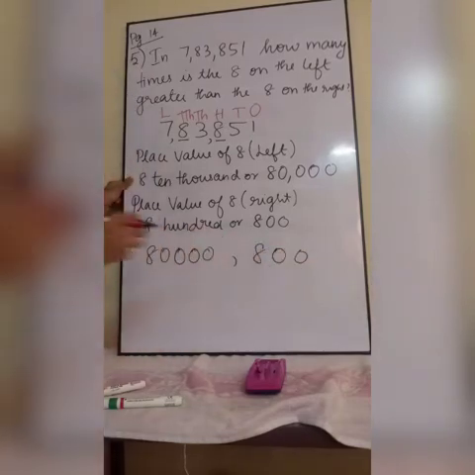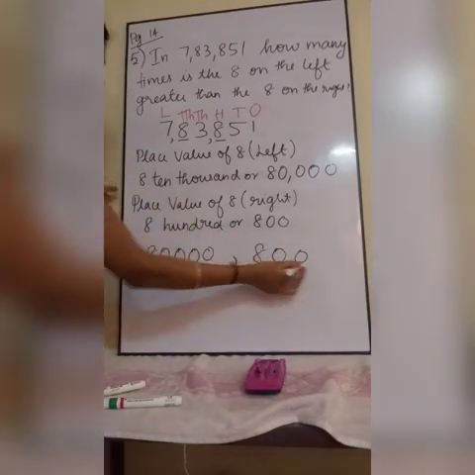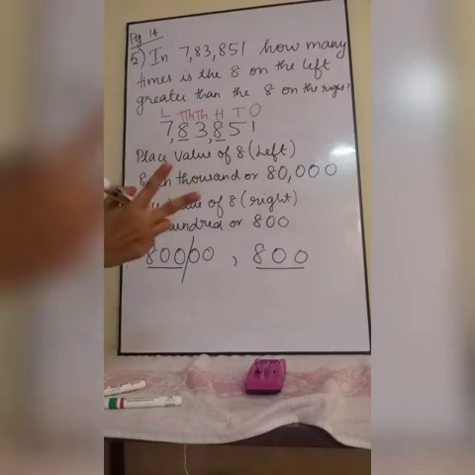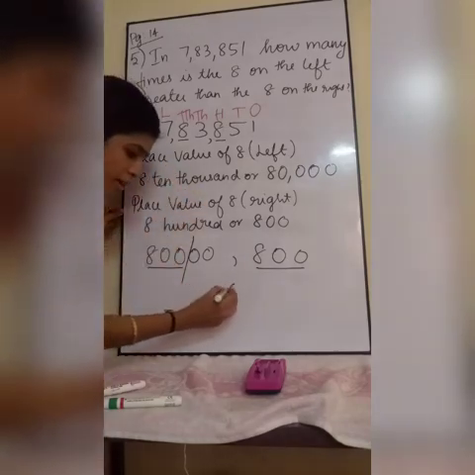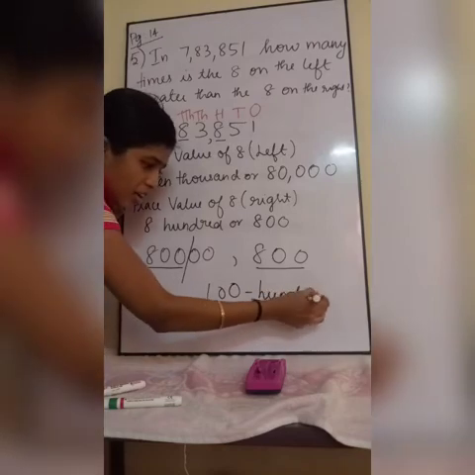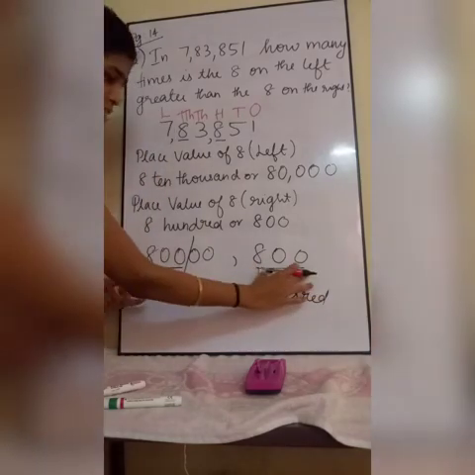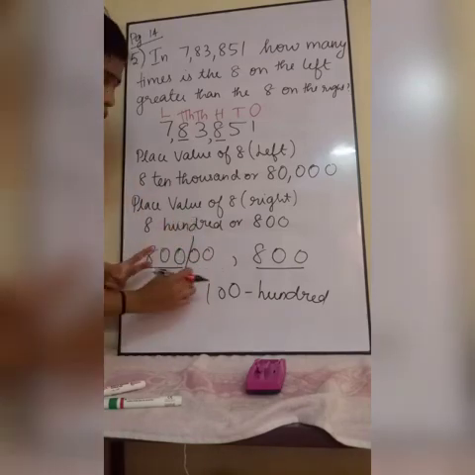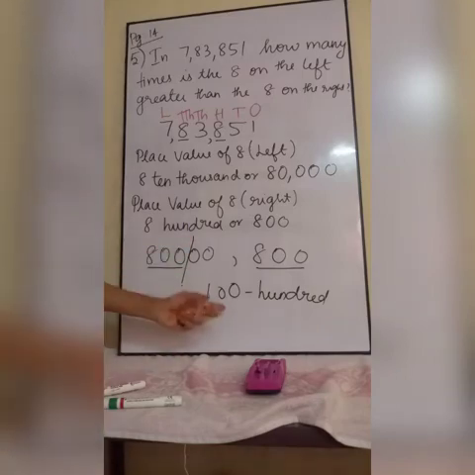So, this has how many digits? 3 digits. This has 5 digits. So, with 3 digits, how many zeros are remaining? 2 zeros. So, 2 zeros is nothing but 100. Right? So, here 800 is there. I am leaving 800 and what are the remaining zeros? 2 zeros. So, a number with 2 zeros is 100.